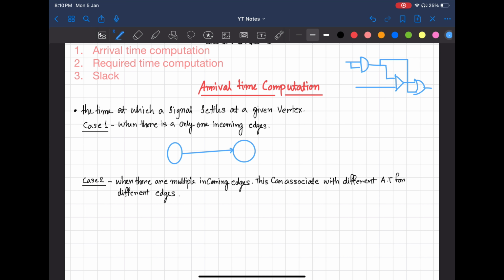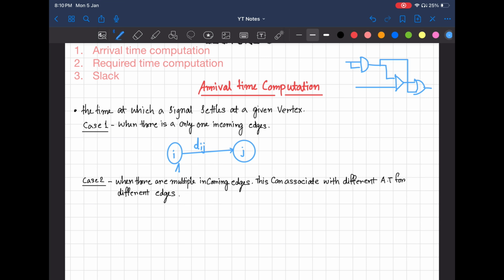Suppose this is vertex I and this is vertex J, and in between obviously there is a net delay. I define this net delay as dij, and because this is the input vertex, I write its arrival time as ai.